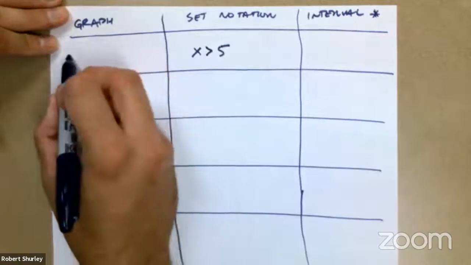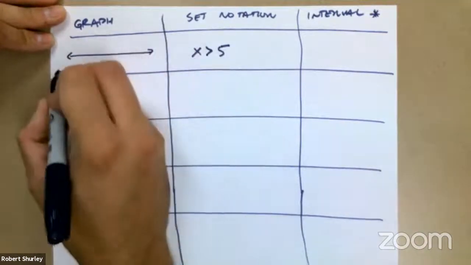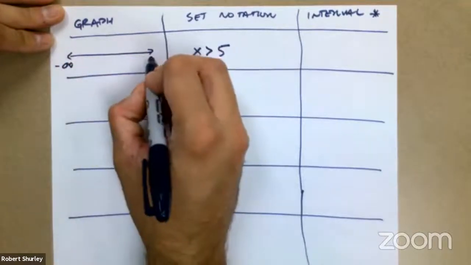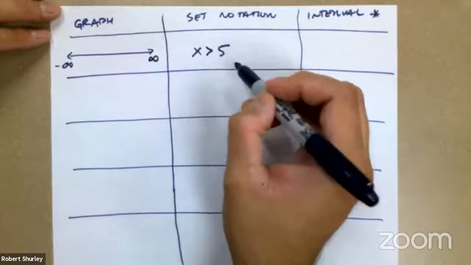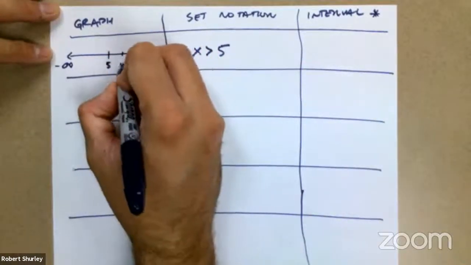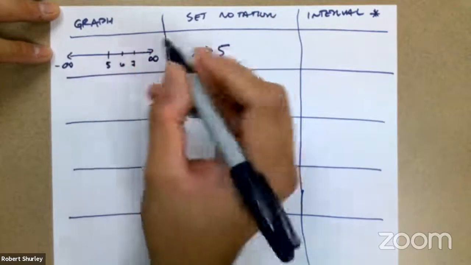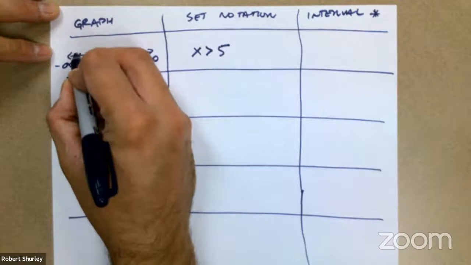Well, on a graph, this would be a number line here, guys. And on a number line, it goes from negative infinity to positive infinity, and you've got every single number. Now for this one, 5 is what's going to matter. So I'll put 5 in the middle, and I'll put maybe 6, 7, and then dot, dot, dot. 4, 3, dot, dot, dot.